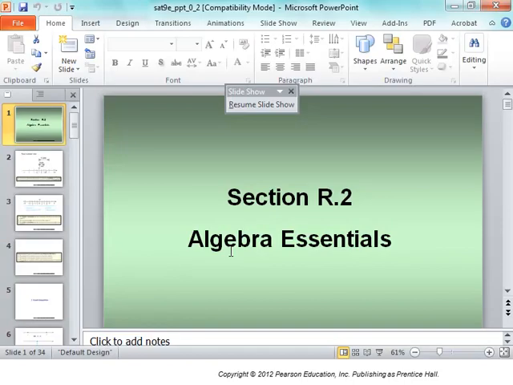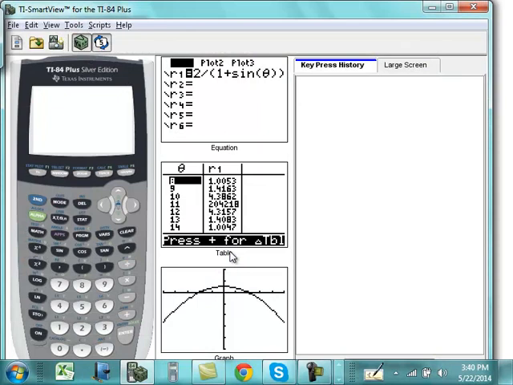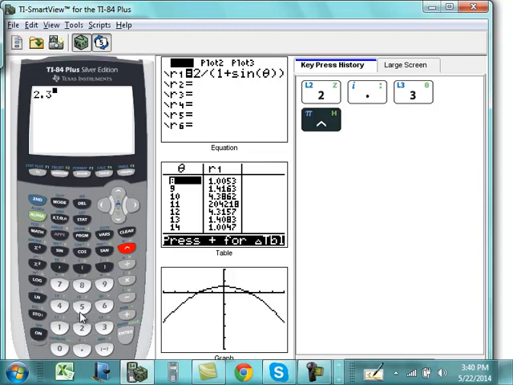Alright, if you want to use a calculator to evaluate exponents, that's no problem. Hey, I brought my calculator with me. If you want to do 2.3 raised to the 5th power, well, this is how you do it.